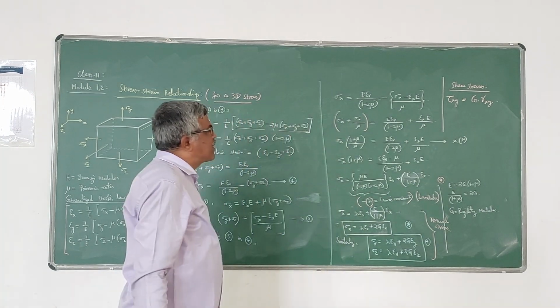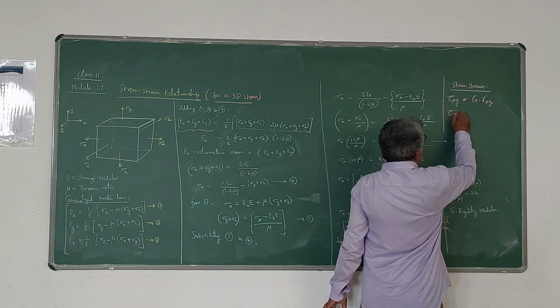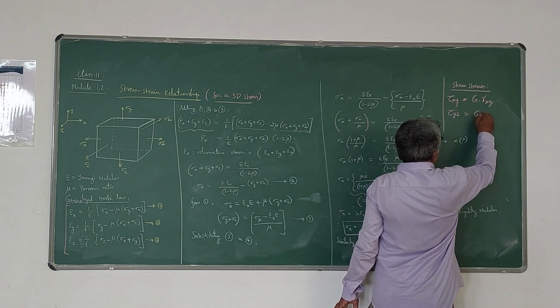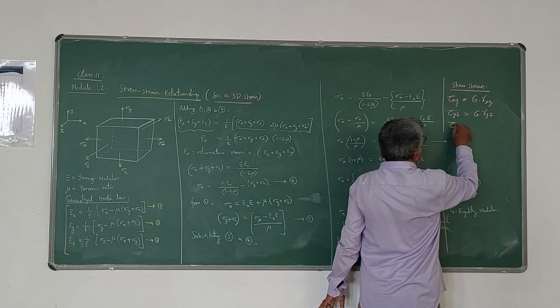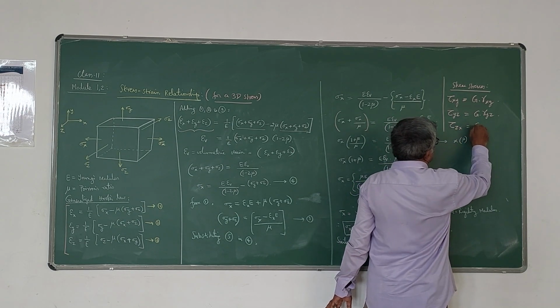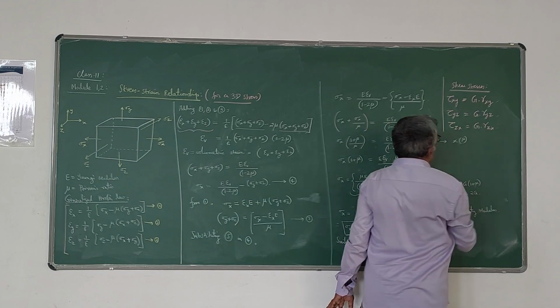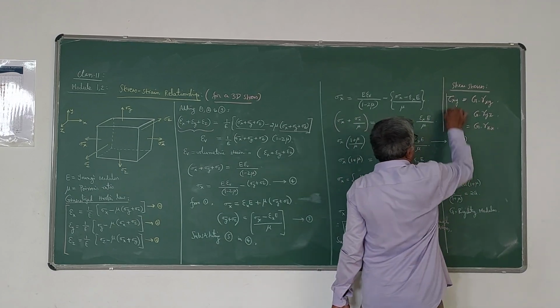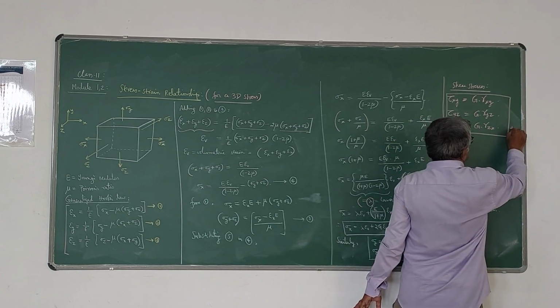So G into gamma xy is tau xy, G into gamma yz is tau yz, and G into gamma zx or xz is tau zx. So these three are another three equations which are used to find the shear stresses.